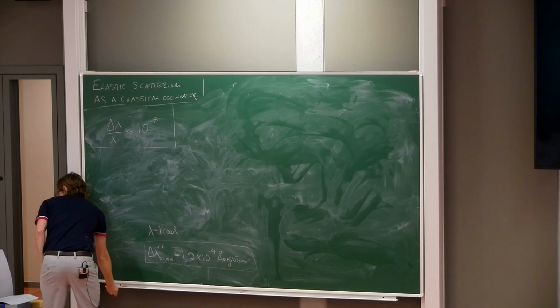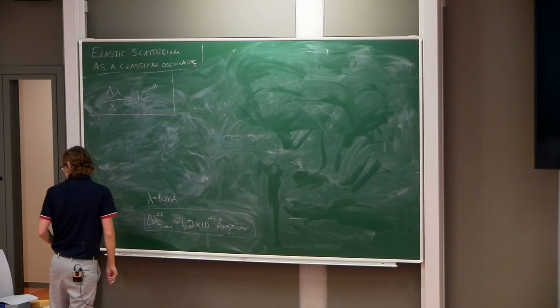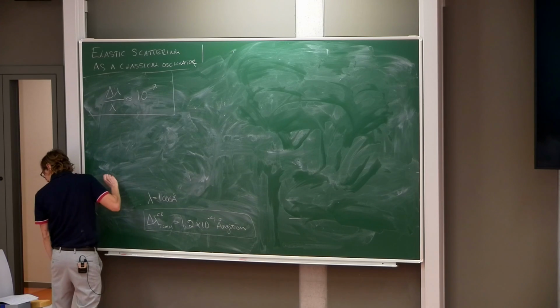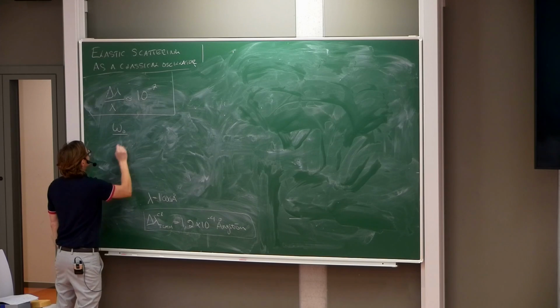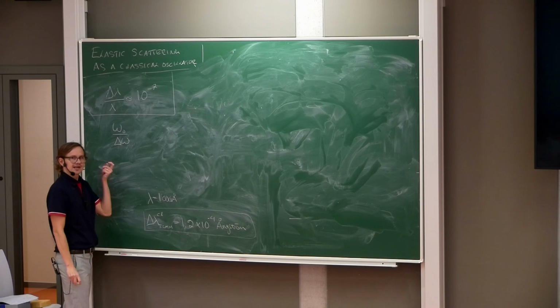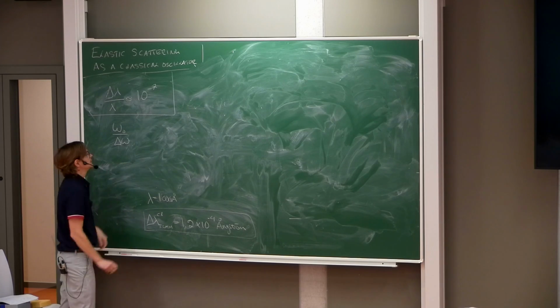So, if we now take our omega 0 divided by our typical omega there, that's our characteristic width of the line profile, okay?